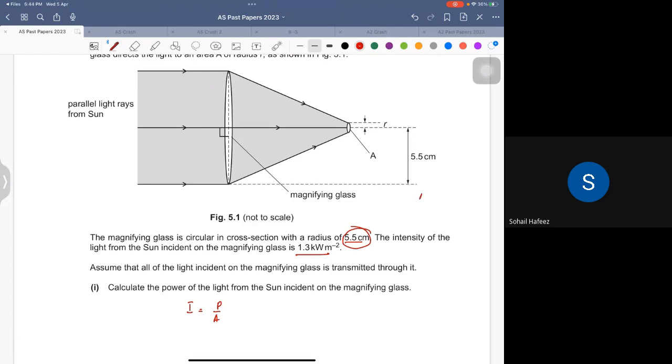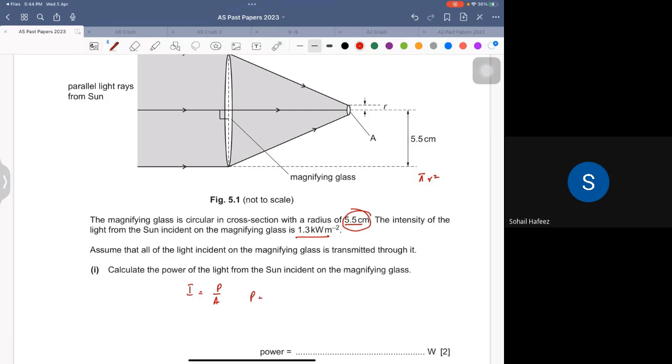So area, if it's circular, is pi r squared. So power will be intensity, 1.3 times 10 to the 3 because there's a kilo here, multiplied by pi times 5.5 times 10 to the minus 2, because I need to change it to meters, and then whole squared.